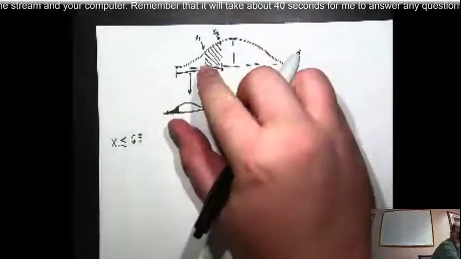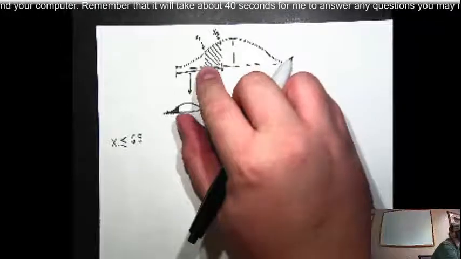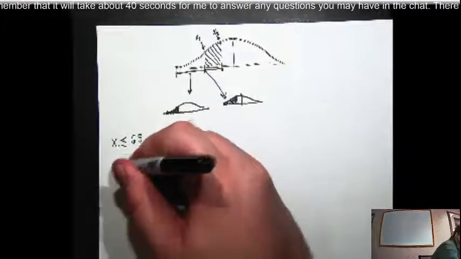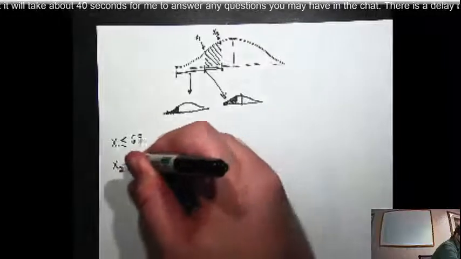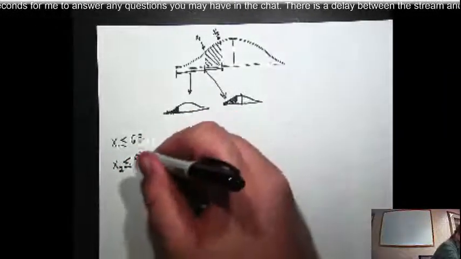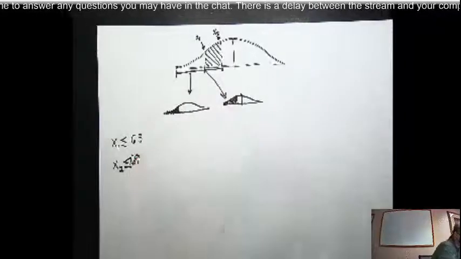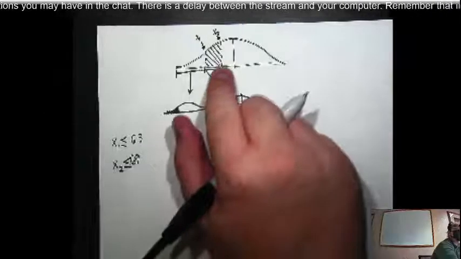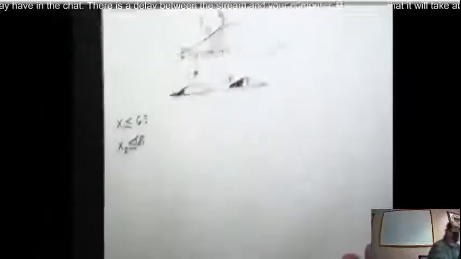So this one right here is 65, and when we calculate our z-score, it's going to calculate everything below it. And then x2 is less than or equal to 69. So again, less than means that it's going to calculate everything below it.